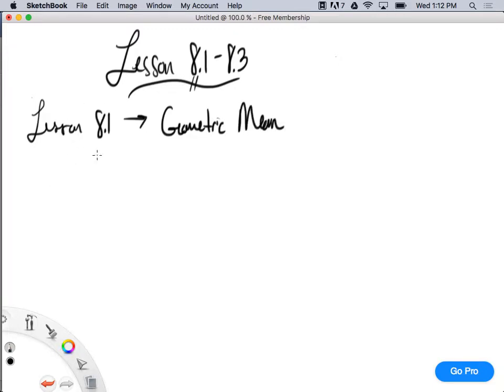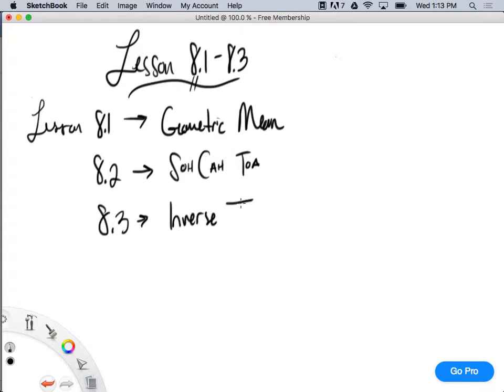Lesson 8.2 is the stuff on SOHCAHTOA. And 8.3 was inverse trigonometry. Lessons 8.2 and 8.3 were basically what you did on that homework packet.